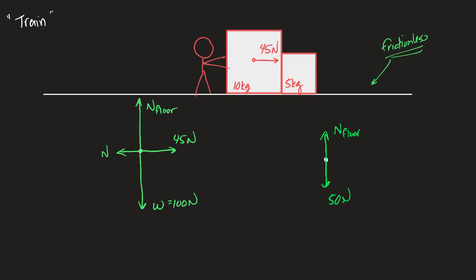Now here's where students make mistakes, so I want to be kind of direct with you. There is a force to the right, and it has to be equal but opposite to the normal force acting over here to the left. Those two forces are the Newton's third law pair. Box 1 pushes on box 2, so box 2 pushes on box 1.